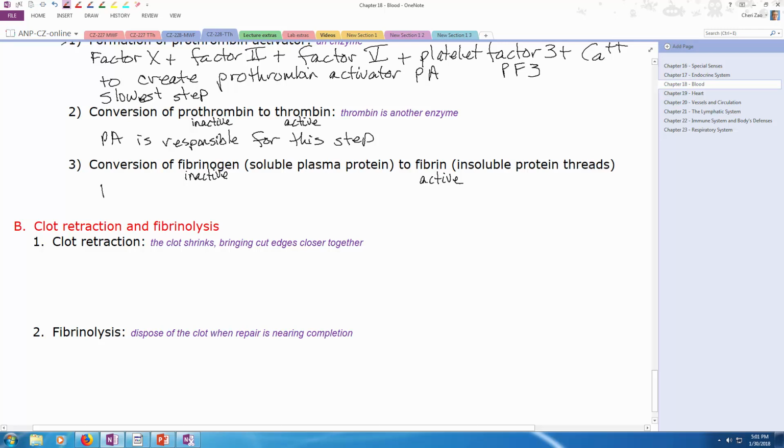So thrombin is the catalyst, right? Isn't that what we basically say? It's the catalyst. So thrombin is the catalyst for the formation of fibrin, which is insoluble in your blood. These fibrin threads will trap red blood cells and platelets and create that clot.